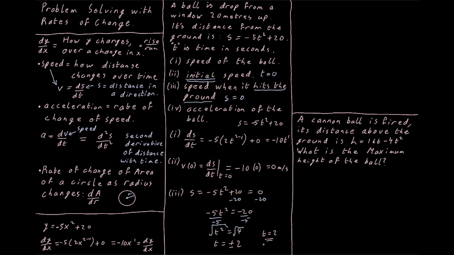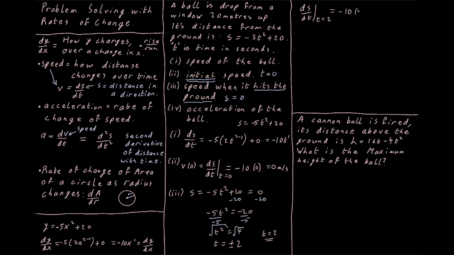So now I know the time I'm interested in, and I have a formula for the speed. So I now know that I want ds/dt, or v, I could call this v as well, when t is equal to 2 seconds. Our formula for ds/dt is minus 10 times t.